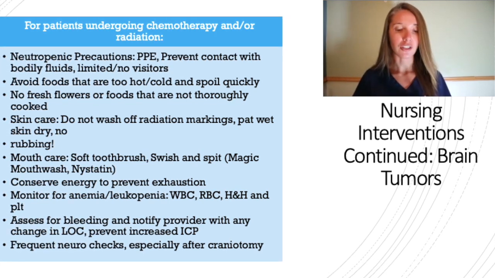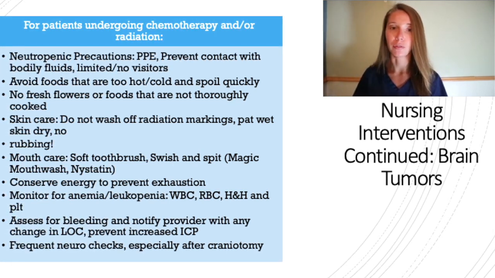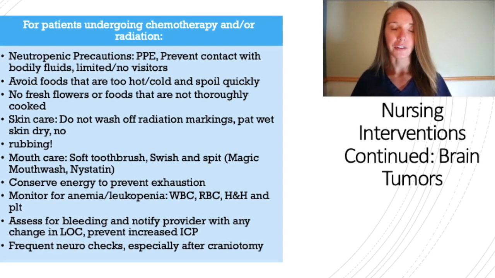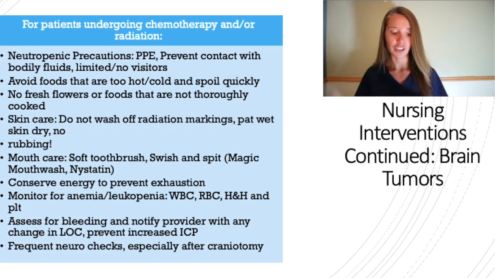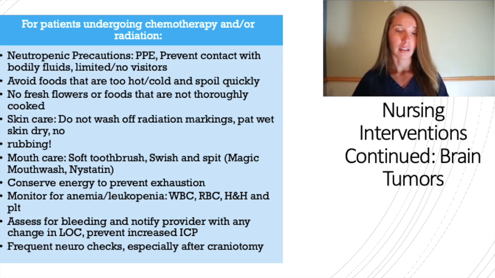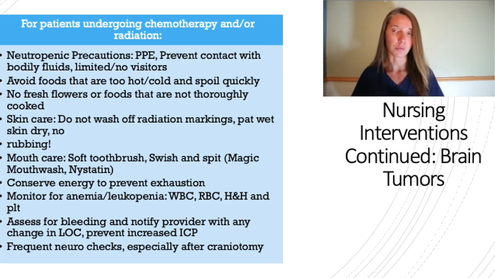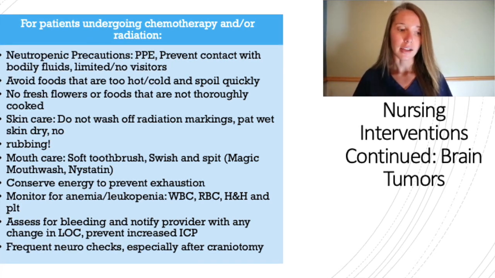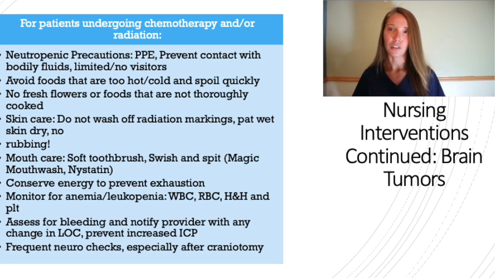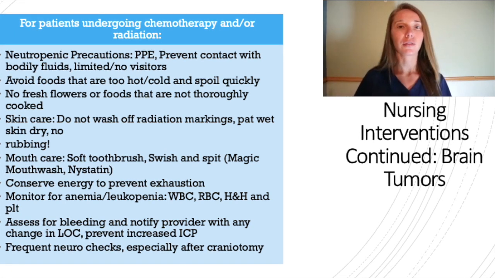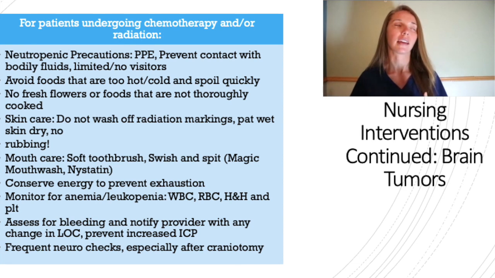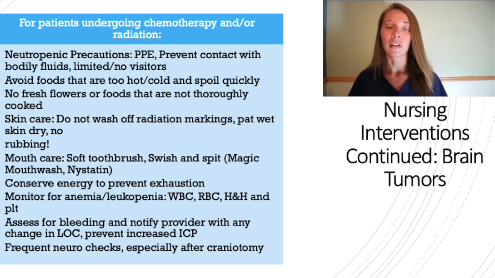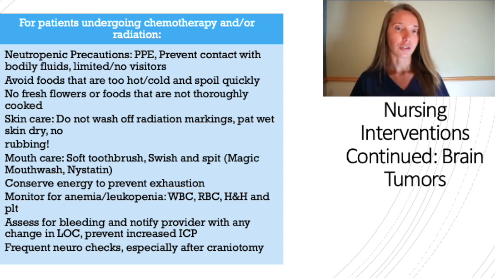Again, if your patient does undergo a craniotomy to remove a brain tumor and then undergoes subsequent chemo and radiation, you need to be performing frequent neuro checks as well as your vital signs. After a craniotomy, usually the patient will stay in the ICU for about 24 hours, and then they can be transferred to an IMC or intermediate care level or a med-surg floor.